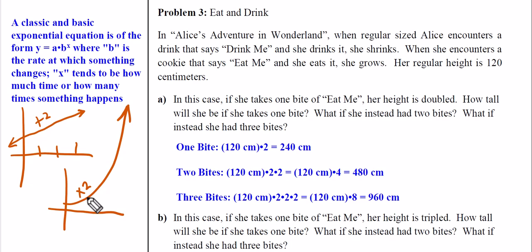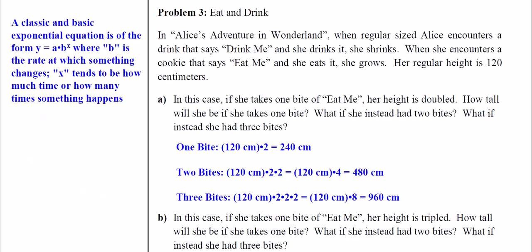So you could imagine, well, if I'm 1 foot tall, then next year I'm 2 feet tall, and then I'm 4 feet, and then I'm 8, 16, 32, 64, 128, 256. Notice how quickly these numbers spike up compared to 2 plus 4, 6, 8, 10, 12, 14, 16. You get the idea. So let's do an example with Alice in Wonderland.